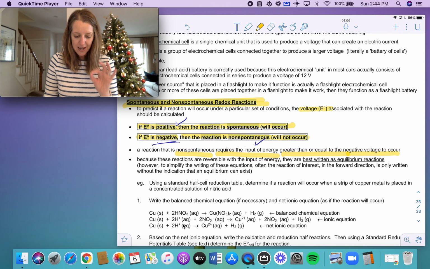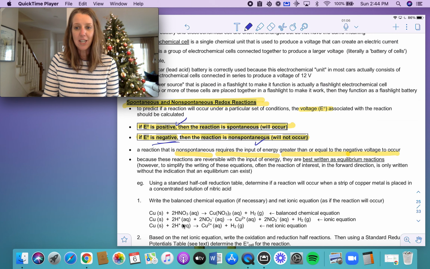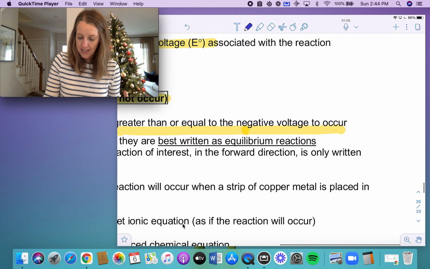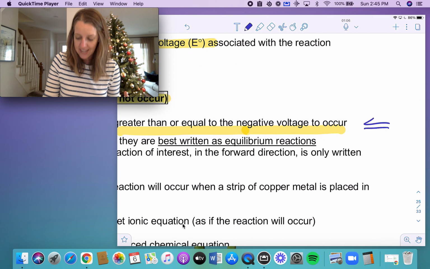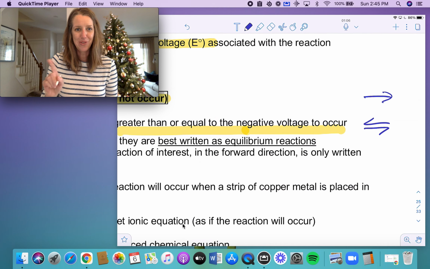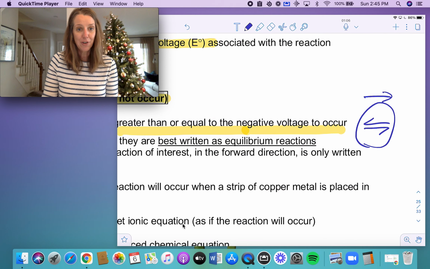Okay, so because these reactions are reversible with the input of energy, you could write it as something called an equilibrium reaction. Now, we spend an entire half of our course talking about something called an equilibrium. And if you've ever seen a symbol that looks like this instead of a reaction arrow that goes just in one direction, essentially this means it's a reversible reaction.